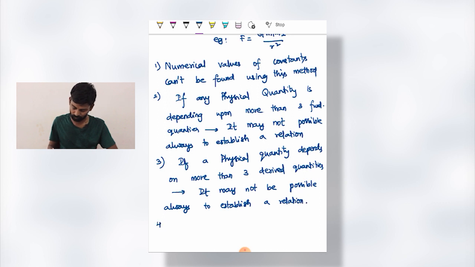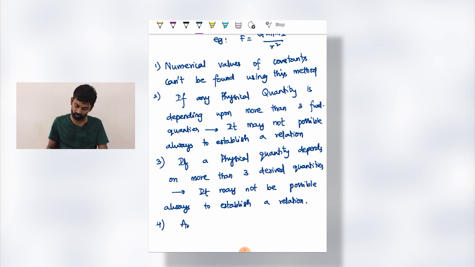And if there are trigonometric ratios, if there are logarithmic ratios, we will not be able to find whether they are really there or not there. We can only represent everything with K. We cannot write the exact constants. Okay.